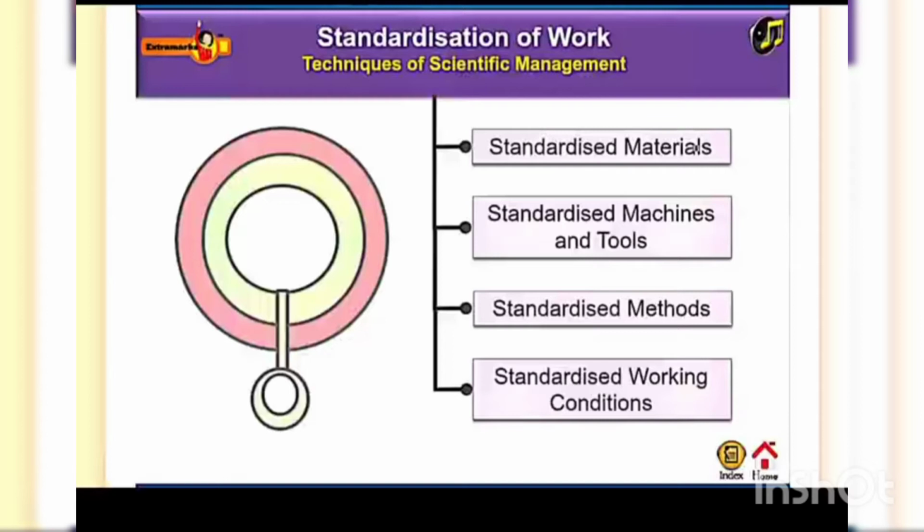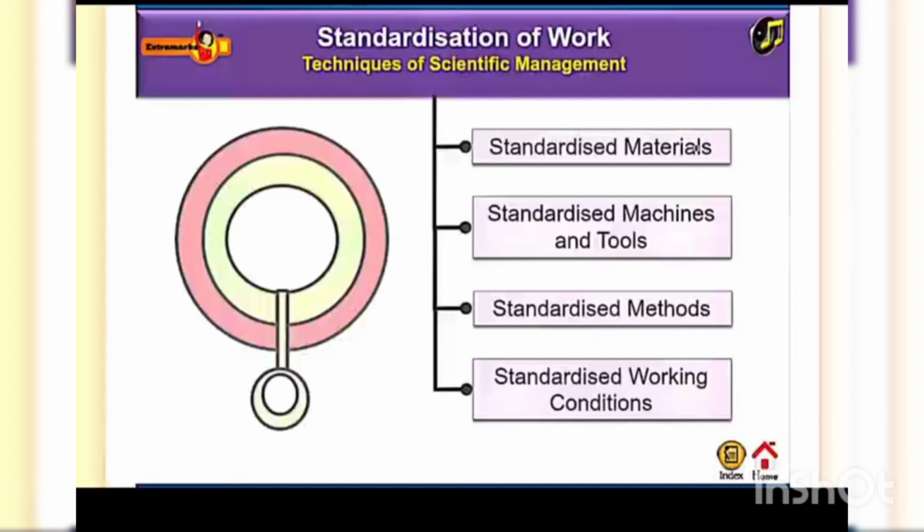What is the objective? The objective is to reduce a given line or product to a fixed type, size and characteristics. Next is to establish interchangeability of manufactured parts and products. Next is to establish standards of excellence and quality in material. Last one, to establish standards of performance of men and machines.